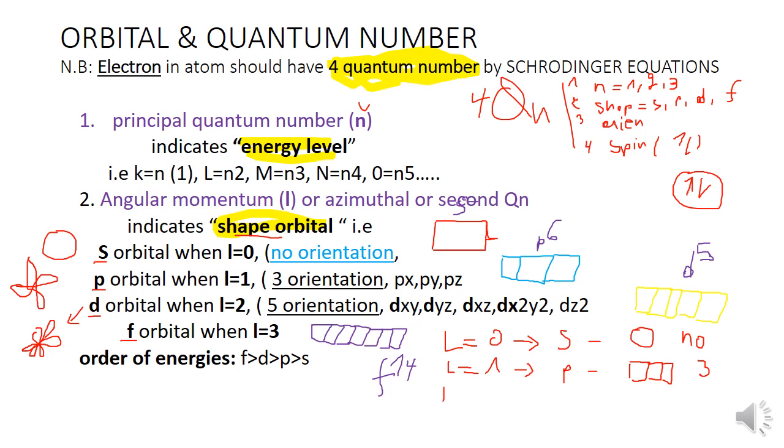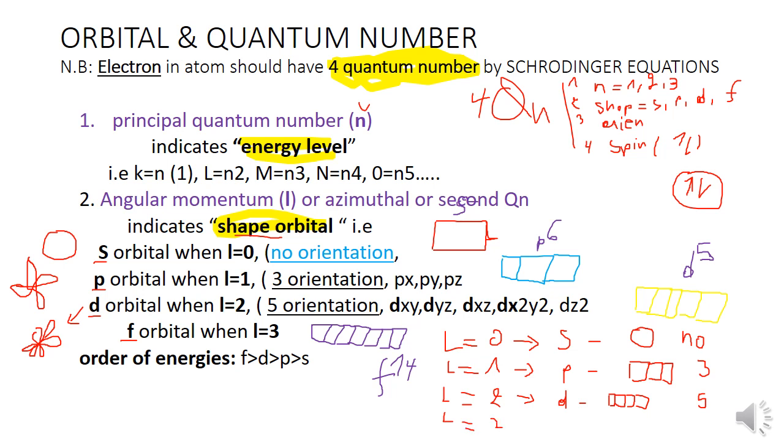If L is equal to 2, we have the D block. We have 5 orientations. Here, in the D block, we have five boxes. For the F block, we have 7.